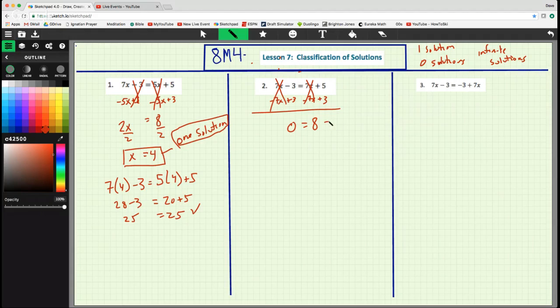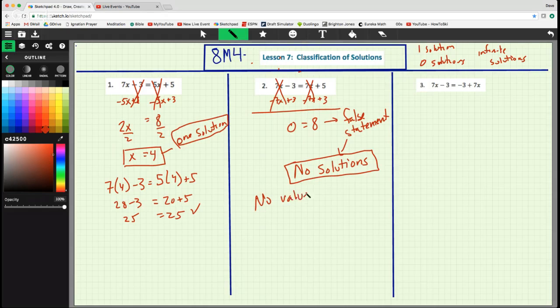All of our variables are gone and we have a false statement. We have to recall what that means. A false statement means that there are no solutions to the equation. There's nothing that will work. There is no x, no value of x will make the equation true.